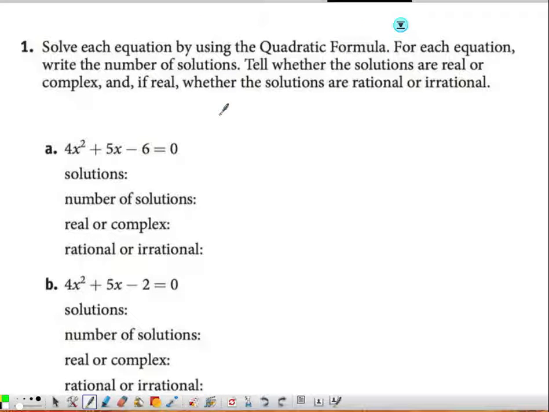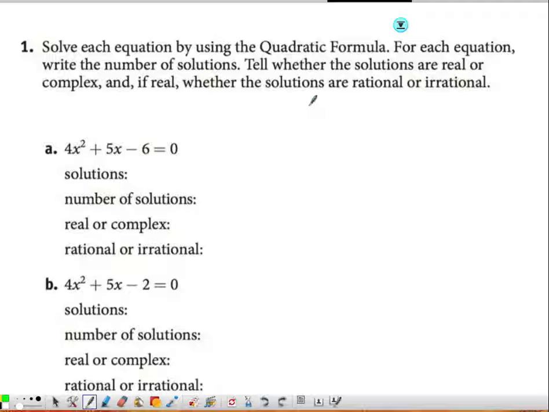So if we go ahead and take a look at number 1, solve each equation by using the quadratic formula. For each equation, write the number of solutions, tell whether the solutions are real or complex, and if real, whether the solutions are rational or irrational.